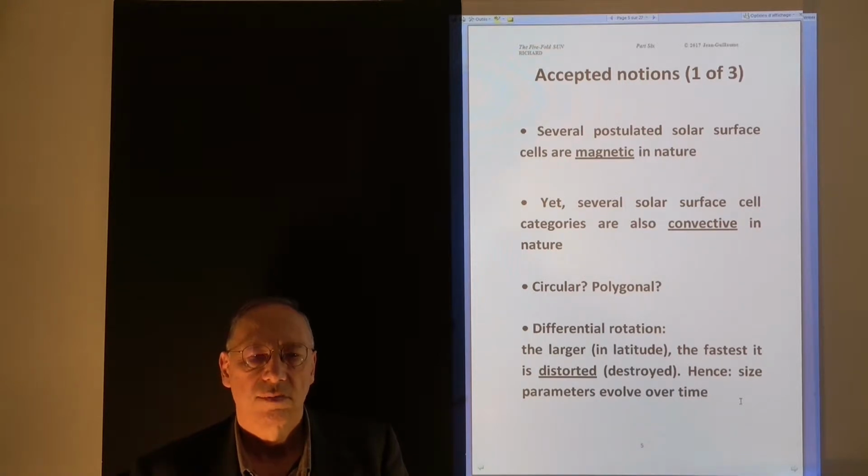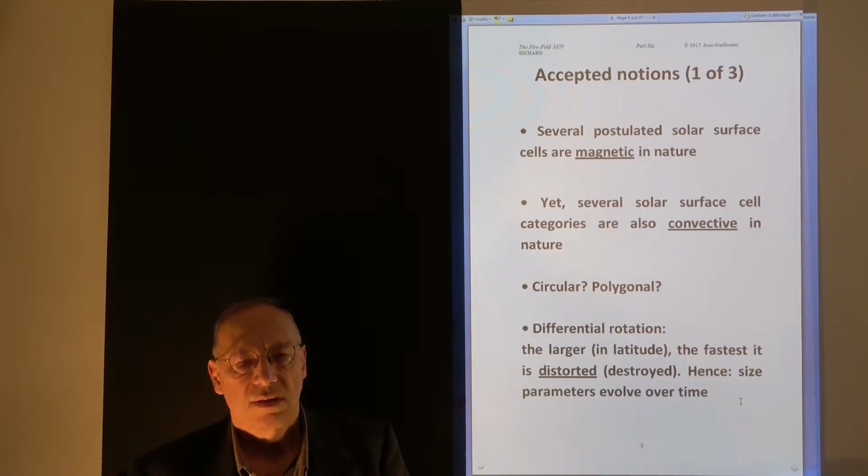Accepted notions about solar surface cells are that the cells, for instance the largest ones, the so-called giant cells, are magnetic in nature. Many surface cell categories, however, are convective in nature. It is not mutually exclusive. Some cells are postulated to be both convective and magnetic in nature.